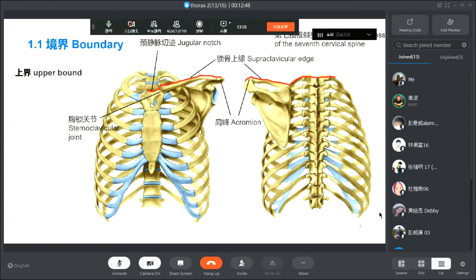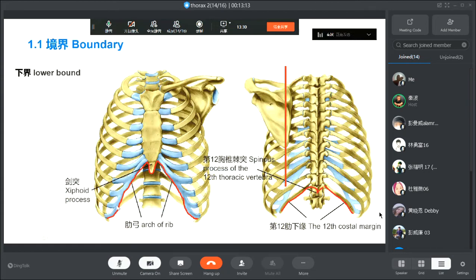Okay, this red line represents the boundary. The upper boundary includes the jugular notch and the sternoclavicular angle.